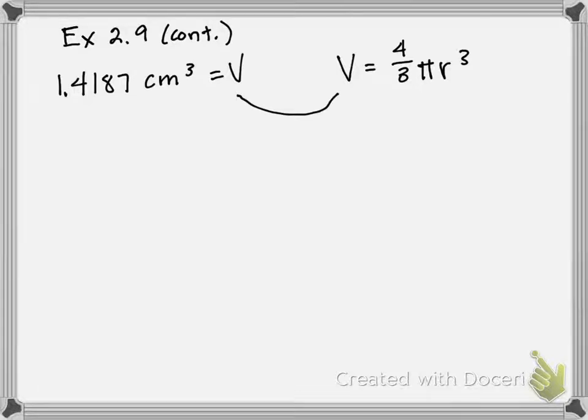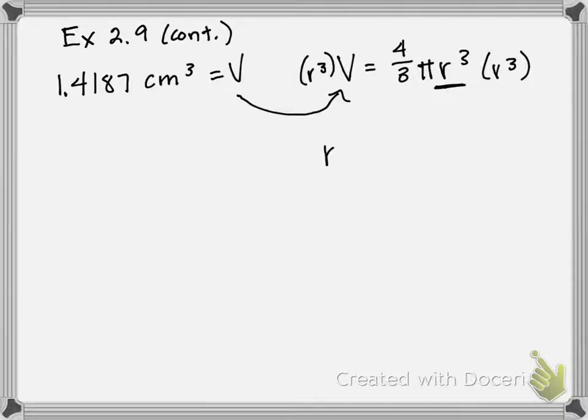So now, clear the slide, we have our volume in centimeters cubed, and we're going to plug that in and solve for radius. And our radius is ultimately going to be in units of centimeters. So we need to rearrange our equation. So I'm going to multiply both sides by radius.